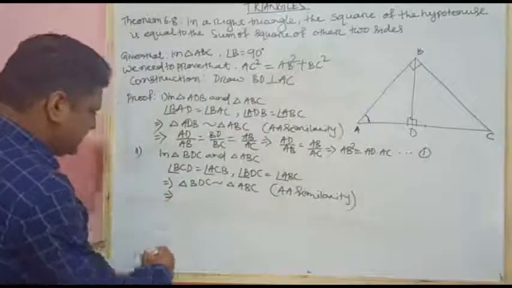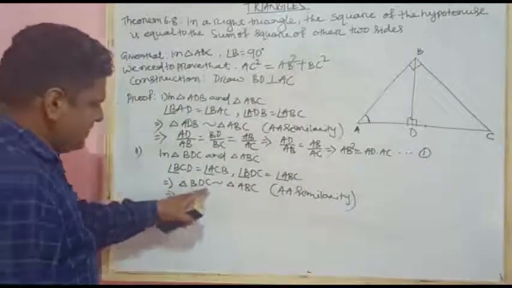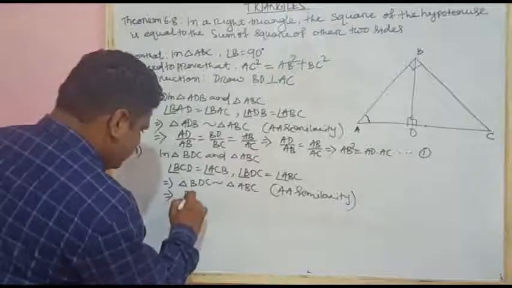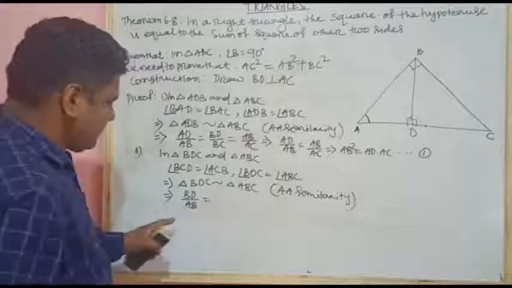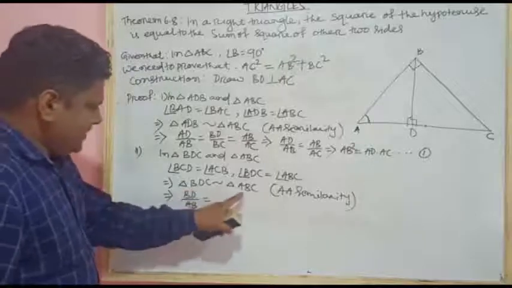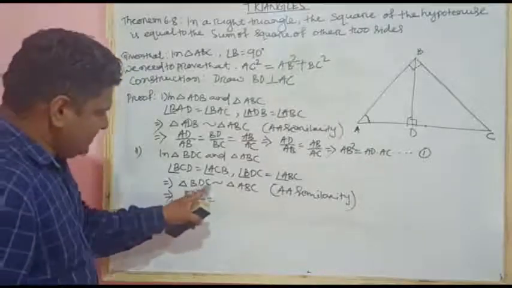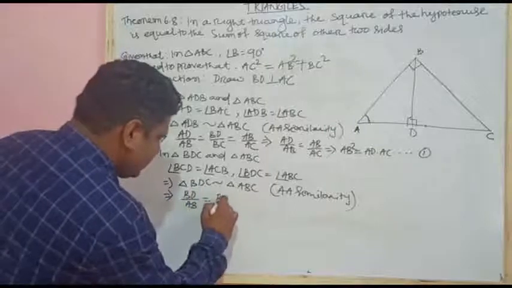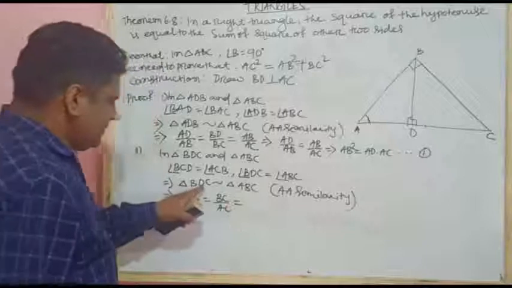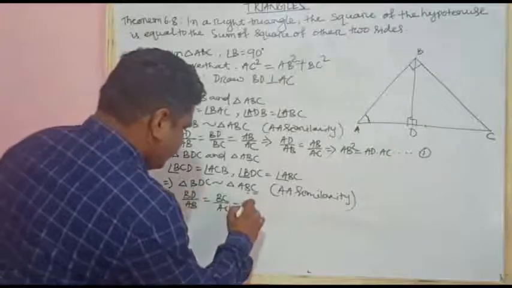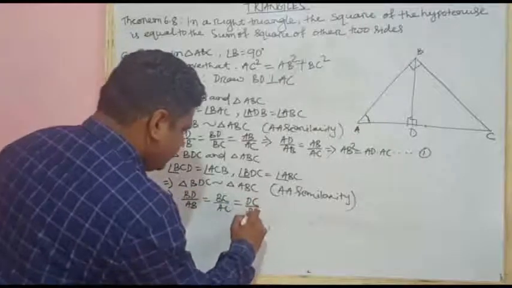Now from the second similarity we can write BD by AB is equal to BC by AC is equal to DC by BC.